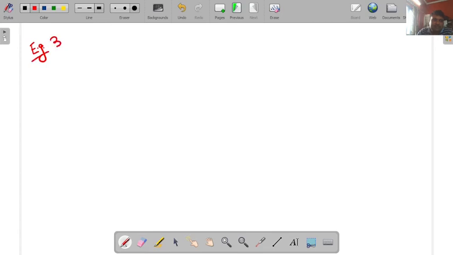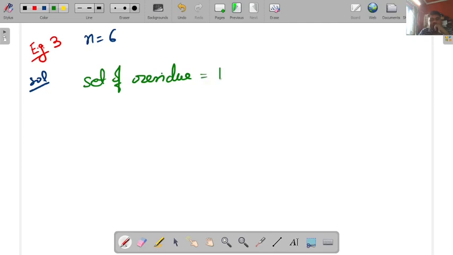Now take another example. Example number 3. Here we take n is equal to 6. Now the solution. For that, the set of residues is 1, 2, 3, 4, 5. Here the first is n is equal to 1 and the last is n is equal to n minus 1.